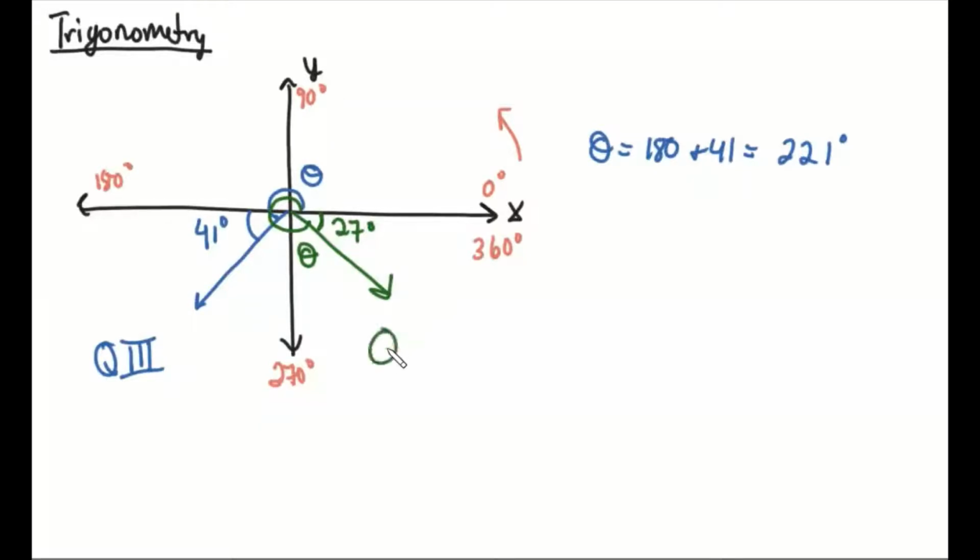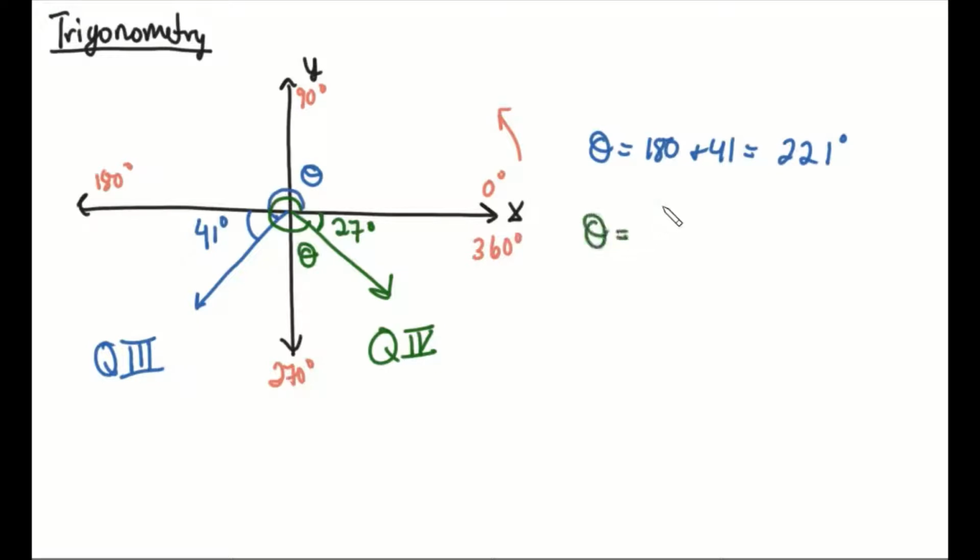When we are in quadrant 4, we're actually going to take this angle here and subtract 27 from it, because we don't know what this angle is in here. If we knew what this angle was in here, then I would just take 270 and add that little bit, but we only know what this one is. So we want to find the difference.